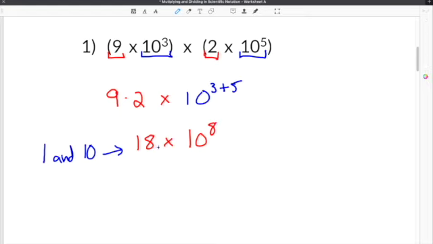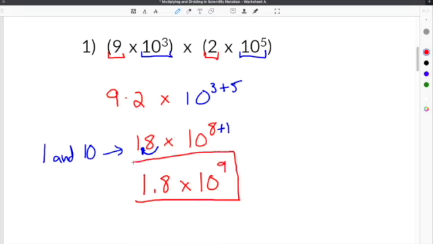So for example, if we had to move the decimal 2 times, we would add 2 to the exponent. But in this case, we only have to move the decimal 1 time to make a number in between 1 and 10, so we only add 1 to the exponent. After we move the decimal 1 time, it becomes 1.8 times 10 to the 8 plus 1, which is 9th power. So our final solution is 1.8 times 10 to the 9th power.